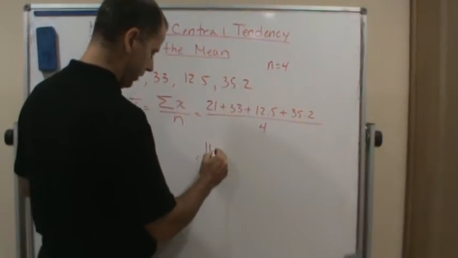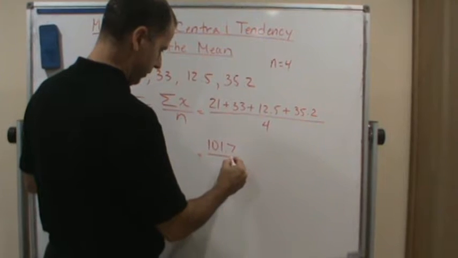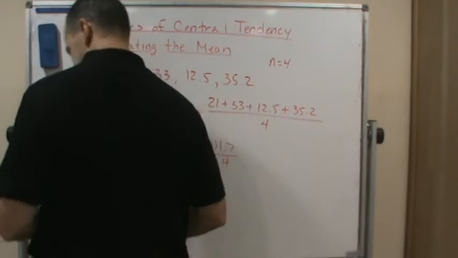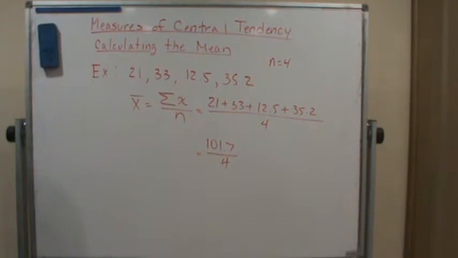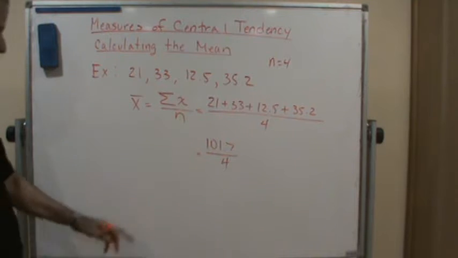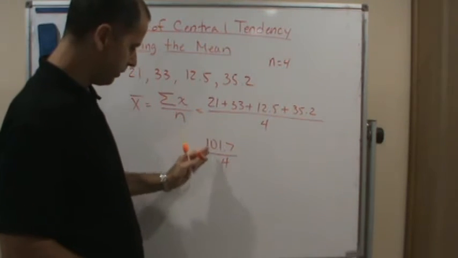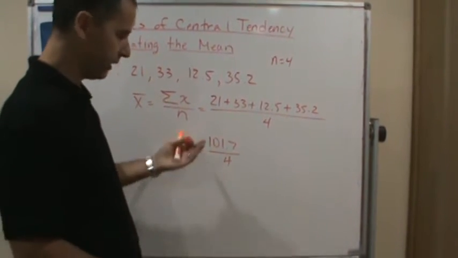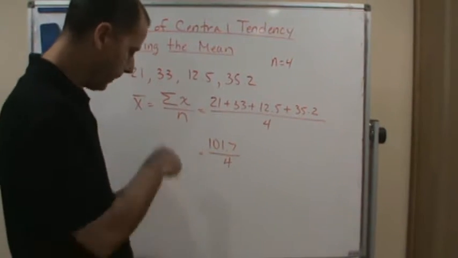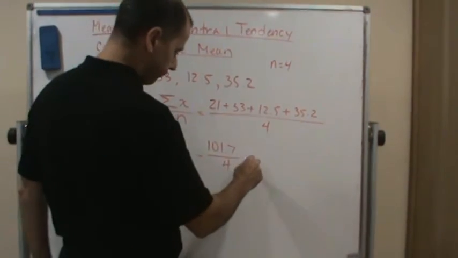So 101.7 over 4, right? So that's going to be about 25, right? Because if we're estimating, 100 divided by 4 is 25, so we're going to get something a little bit over 25, I'm going to suspect.